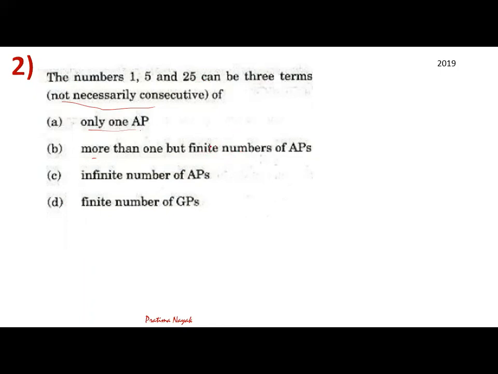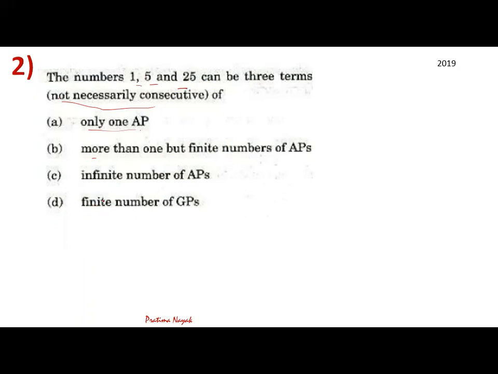So let us apply some concept here. Let us see whether 1, 5, 25 are in AP or not. They are not consecutive terms, so you cannot say 5 minus 1 is not equal to 25 minus 5 and conclude they are not an AP.